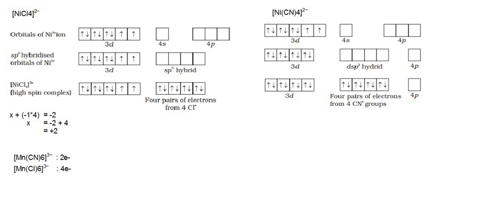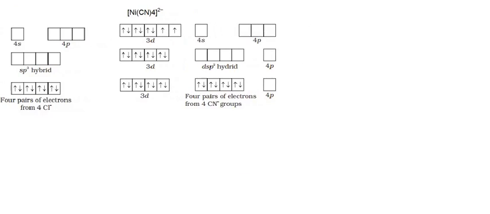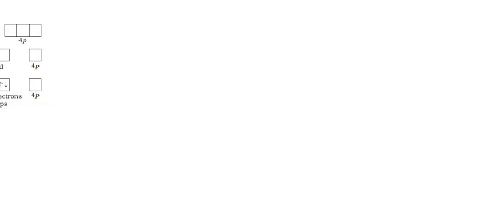However, there are a few limitations to this valence bond theory. First of all, it involves a number of assumptions. We already know that valence bond theory is based on a number of different assumptions.